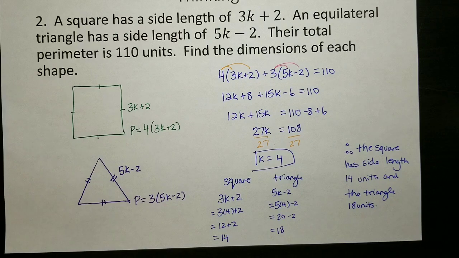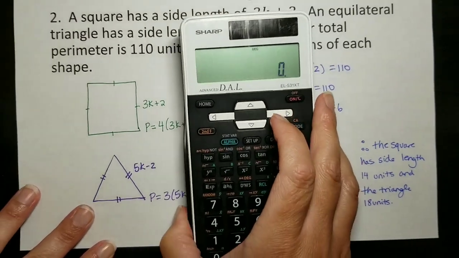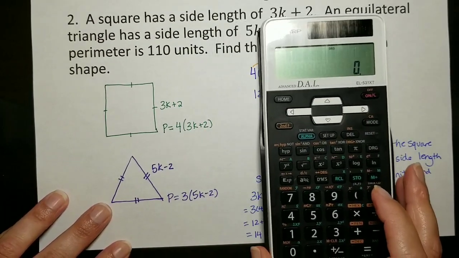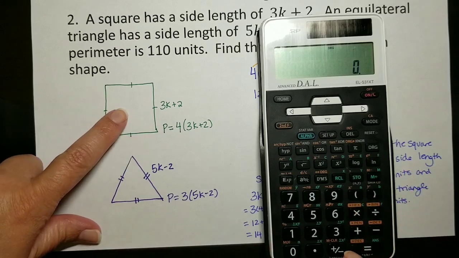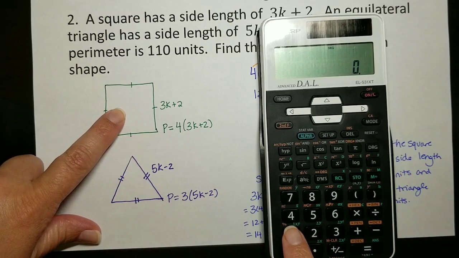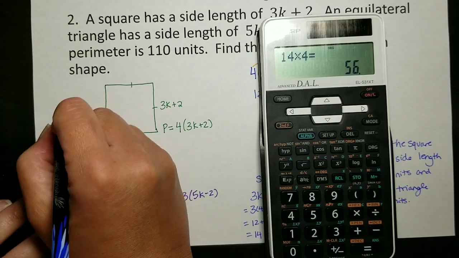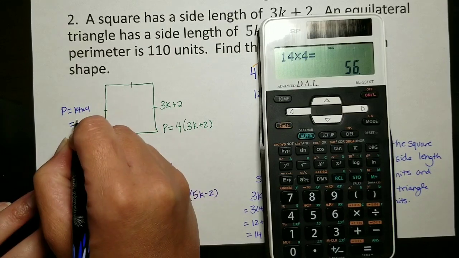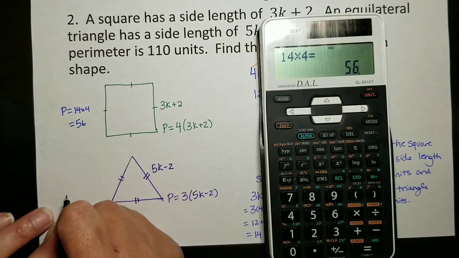Now, one thing you absolutely should do, if you have a word problem like this, especially on a test, you want to check your work. There's an easy way to check your work. I'm just going to do this on my calculator here. If I solved for the side length of this as 14, 14 times 4 sides here, I get 56.